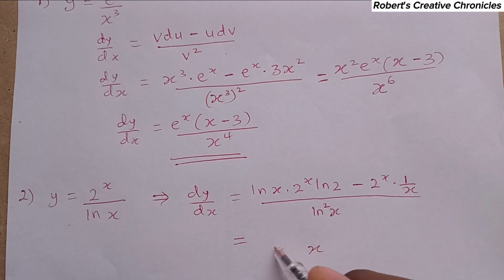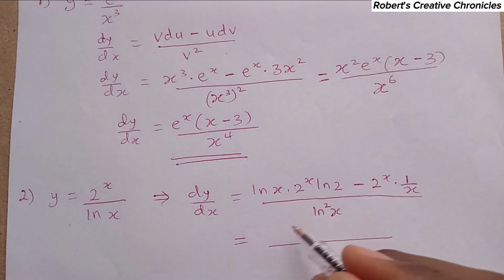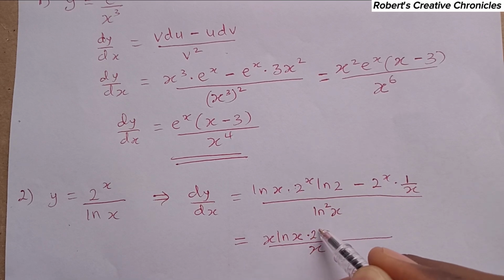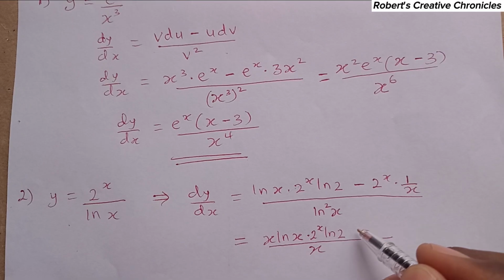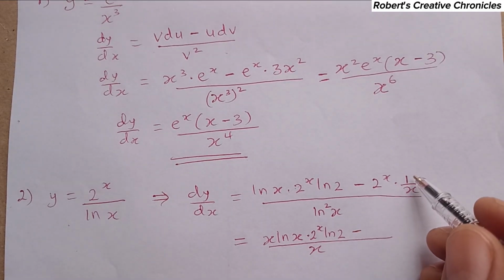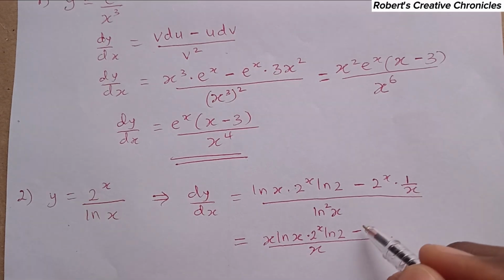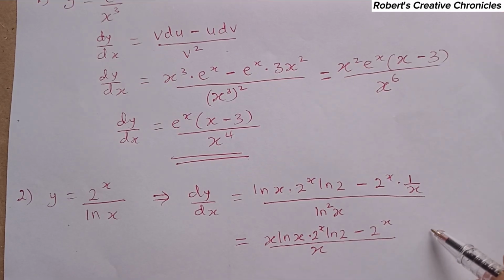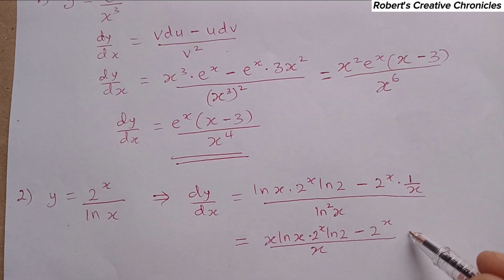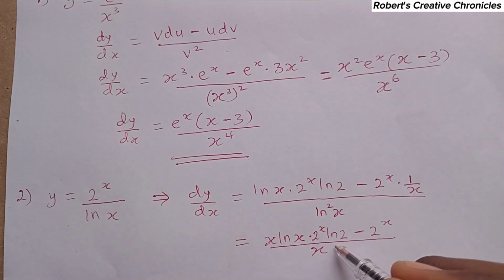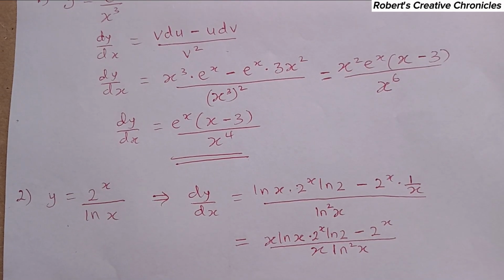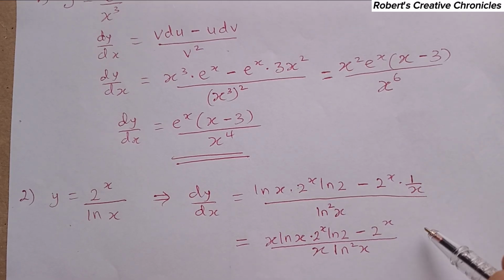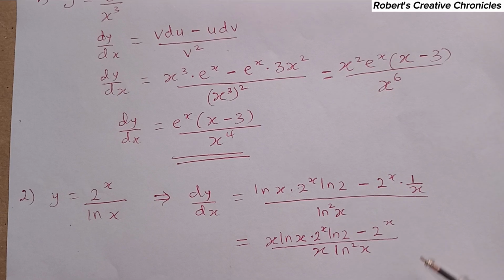So it will be x times x ln x times 2 to the x ln 2, then minus x times this, which is x divided by x is 1, so minus 2 to the x. This is supposed to be divided by ln square x, but when we divide it, we take the inverse of ln square x and multiply, so ln square x comes down here.